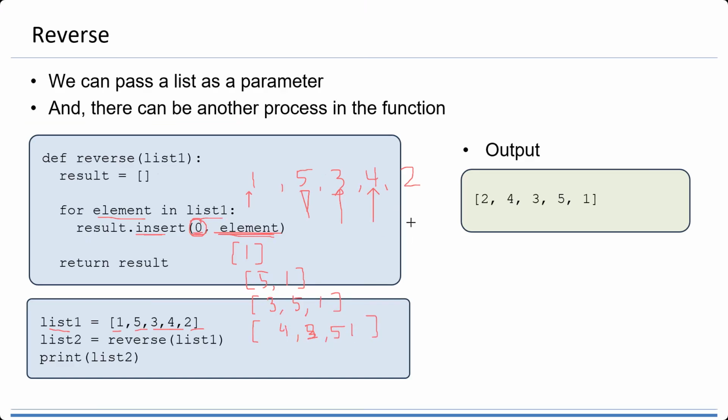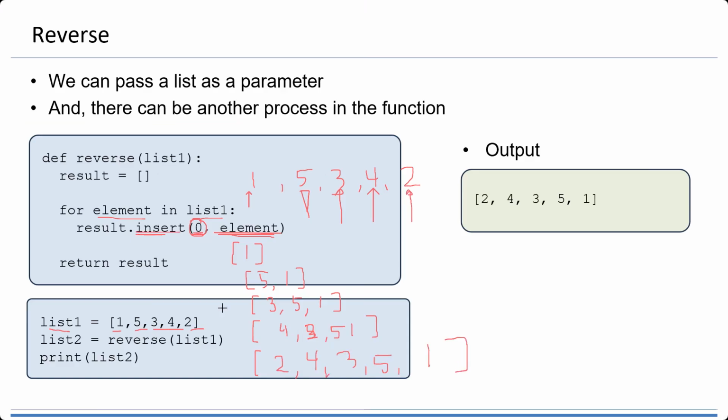And then last, we read the element 2. We want to insert it into index 0. Then it is 2, 4, 3, 5, 1.